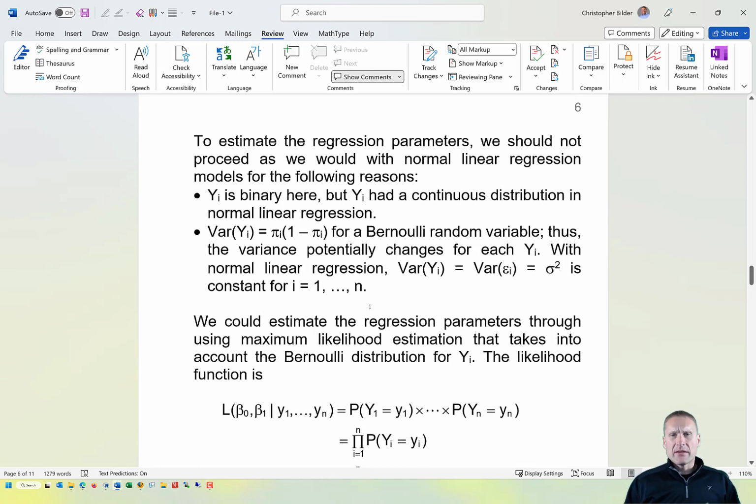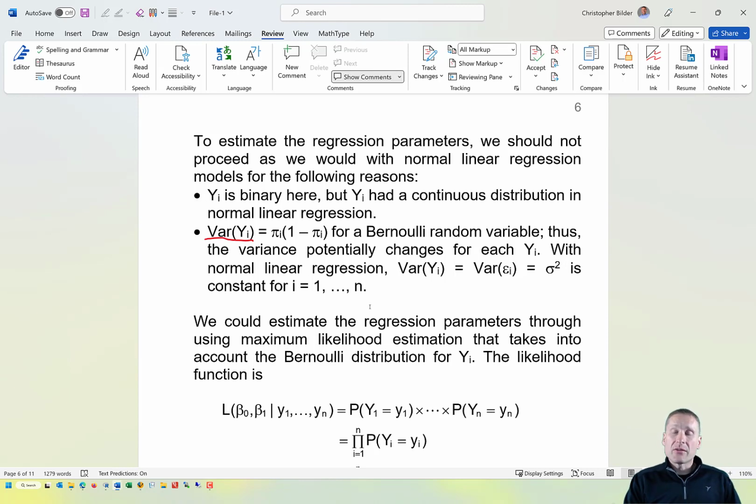Now, how do we estimate these betas? Well, we should not do what you've learned before with a normal linear regression model, where you would use least squares estimation. Why? Well, that was set up for a normal linear regression model, assuming that y had a normal distribution. Obviously, we do not have that here. Also, the variance of y sub i for a normal linear regression model is simply sigma squared, an extra parameter corresponding to that normal distribution.